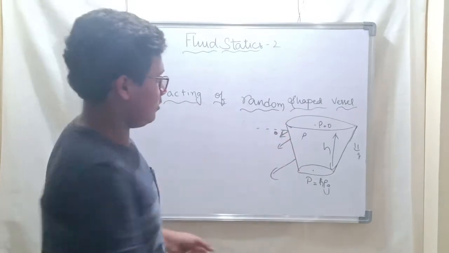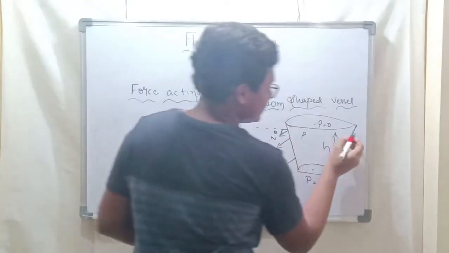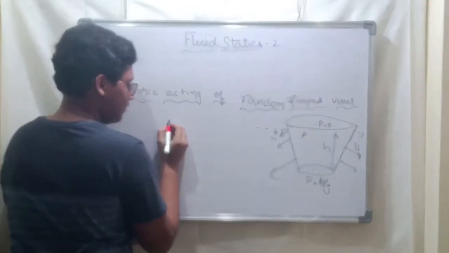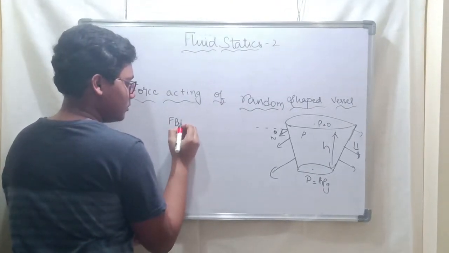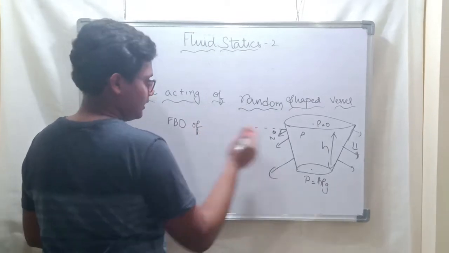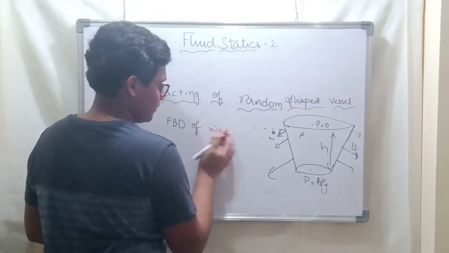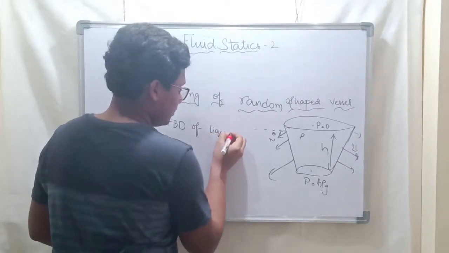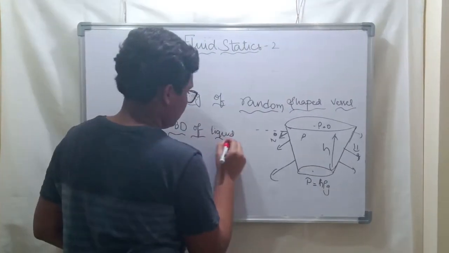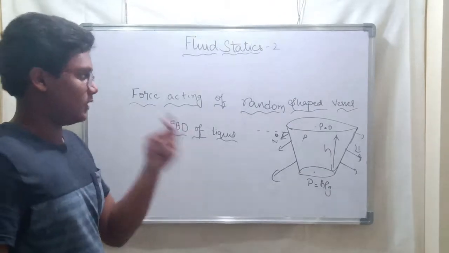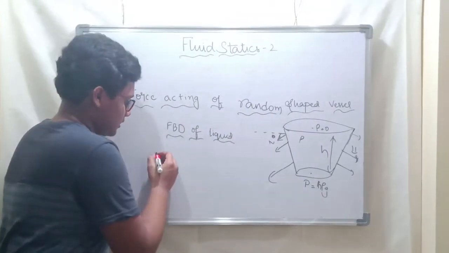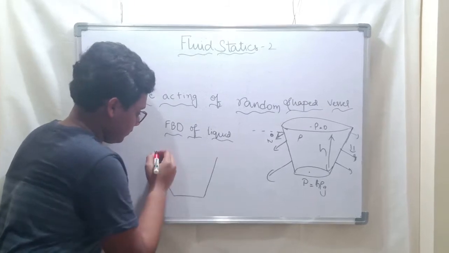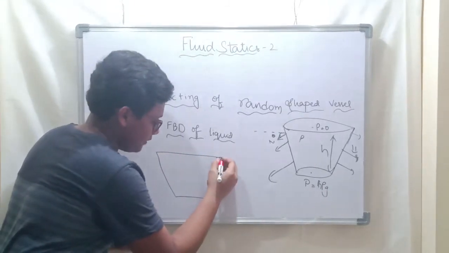that will be like that, and similarly at this side we will draw a free body diagram of the liquid containing in that vessel. See, this is a free body diagram.